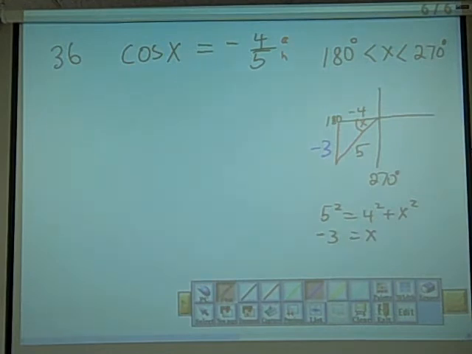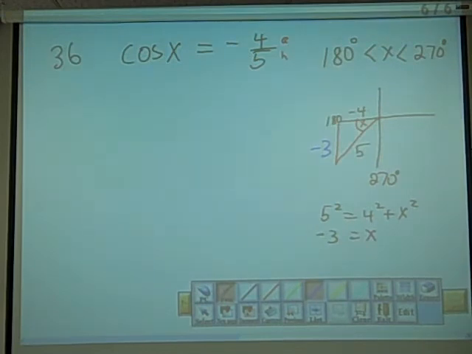Alright? So from here, we want to go ahead and find the half angle identity for that.